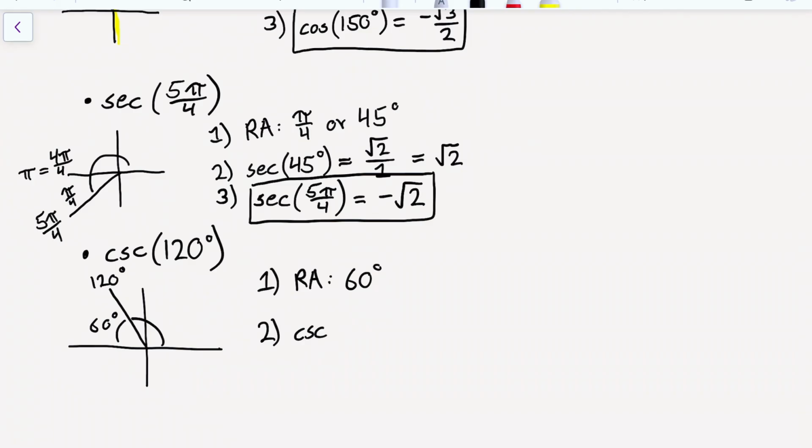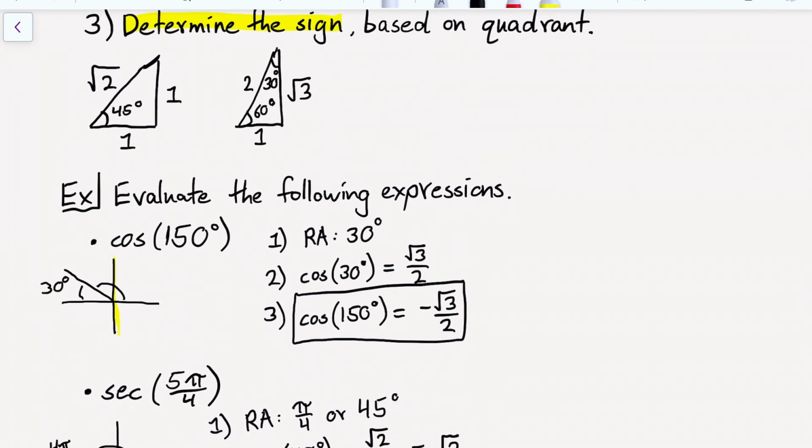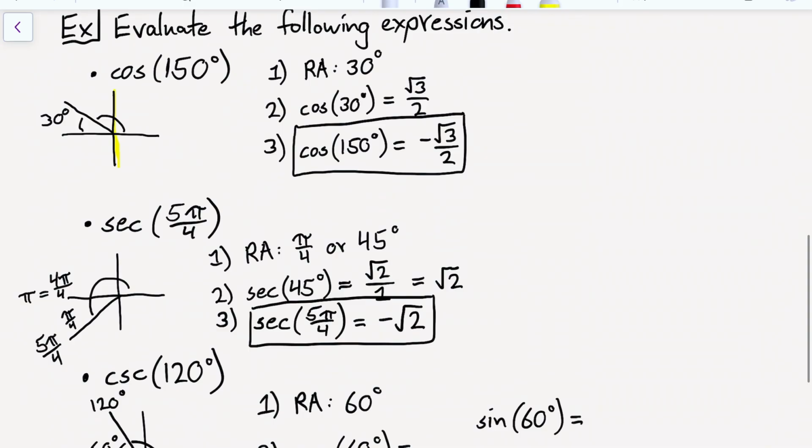Step 2, let's find cosecant of 60 degrees using a special right triangle. Cosecant is the reciprocal of sine, so it may be helpful to think of sine of 60 degrees from above. Sine of 60 is root 3 over 2. Therefore, cosecant is 2 over root 3.